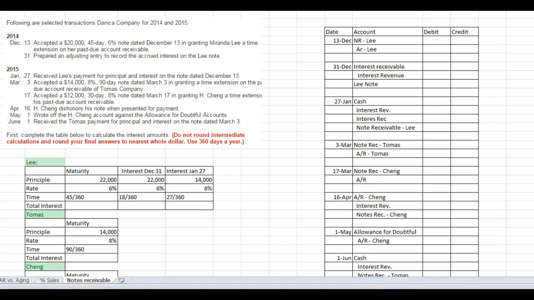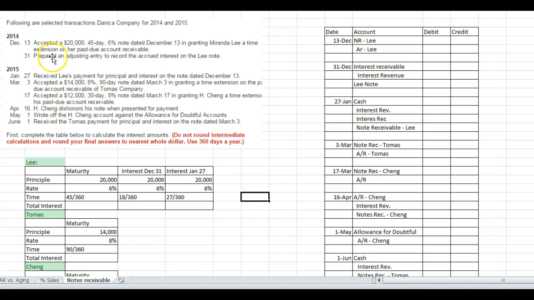And, okay, so let's do 20,000 here instead of. Interesting. The problem solution has 22,000. So we're going to go 20,000. How's that?